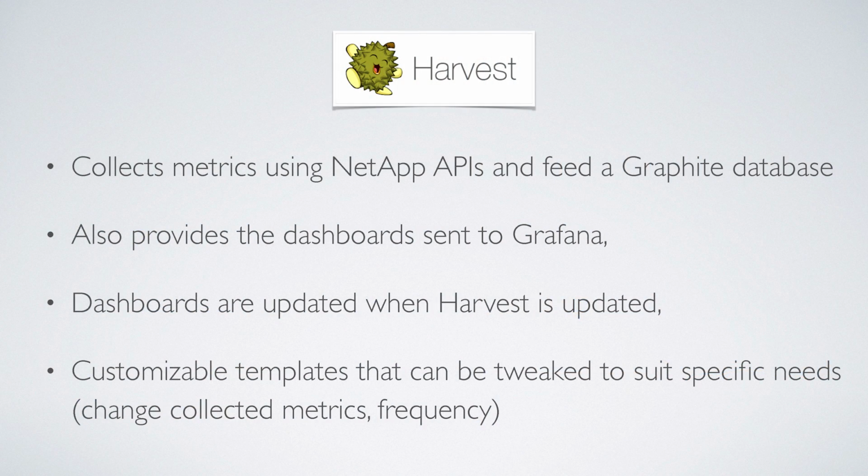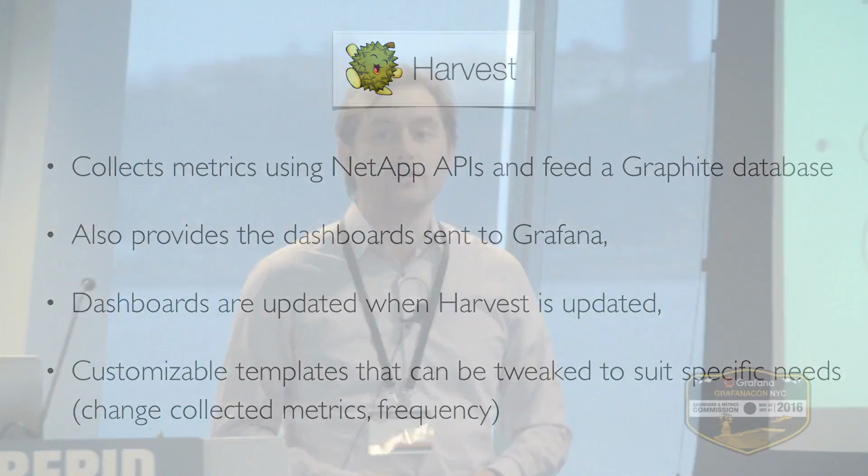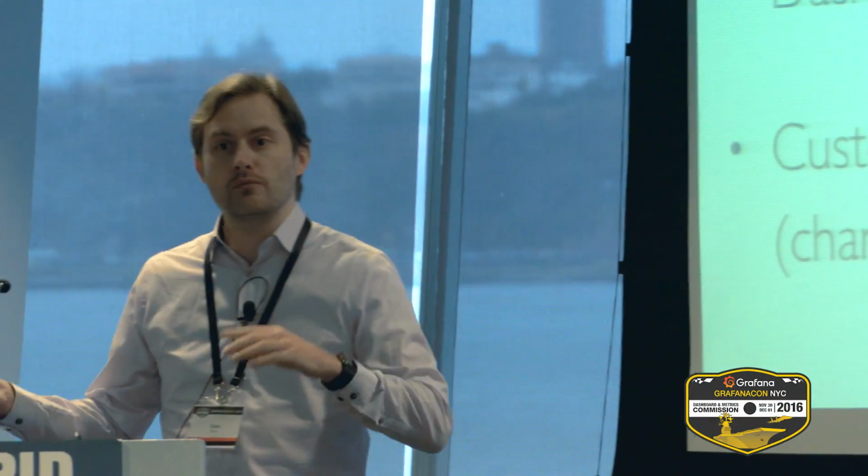So let's talk about Harvest. Harvest is basically a Perl script that's running on any Linux server. It's using the NetApp SDK to connect to your filers and clusters. It's using the NetApp native APIs. And it also provides a set of dashboards for the virtual appliance, so you don't have to come with your own dashboards.